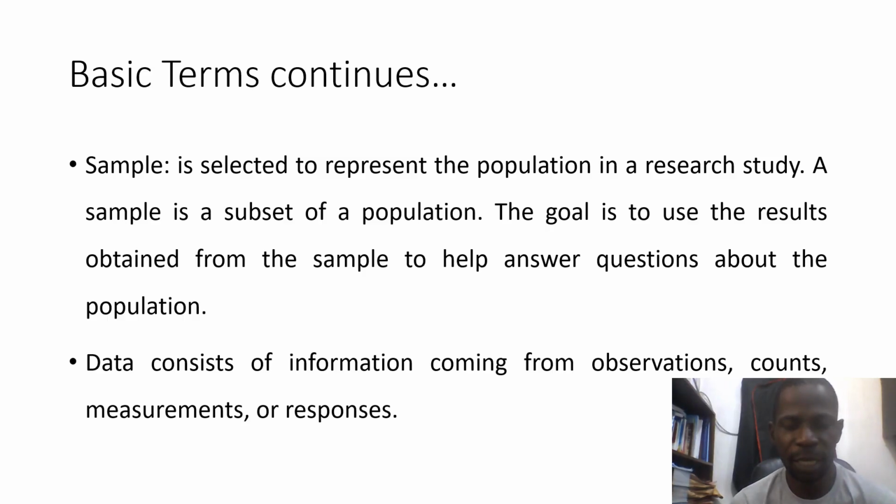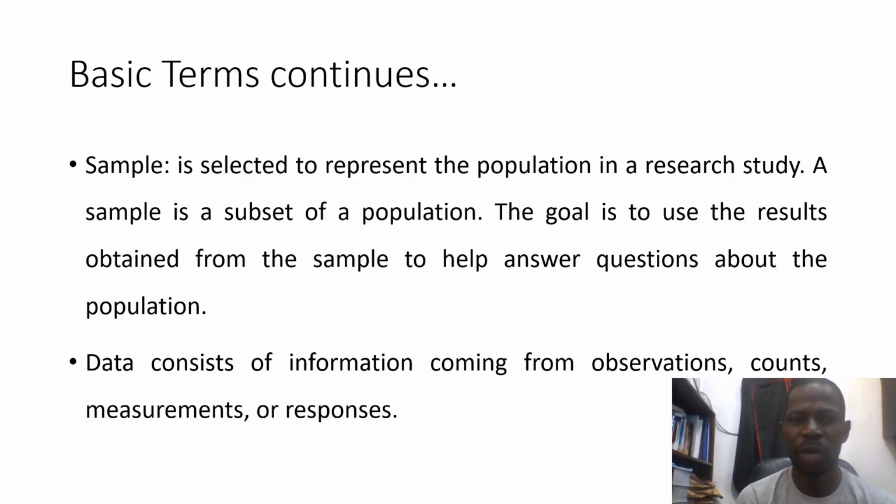For example, if I am a researcher and I intend to study senior secondary school students' performance in physics, my population of the study will be all students that study physics in secondary schools.